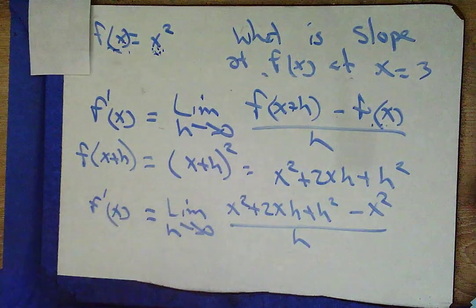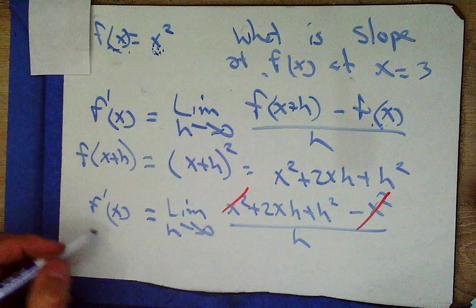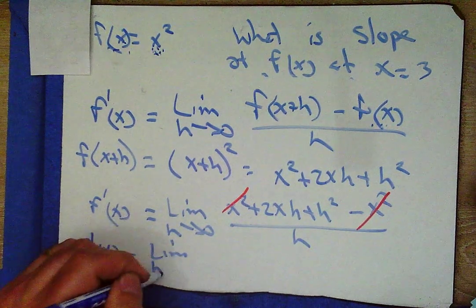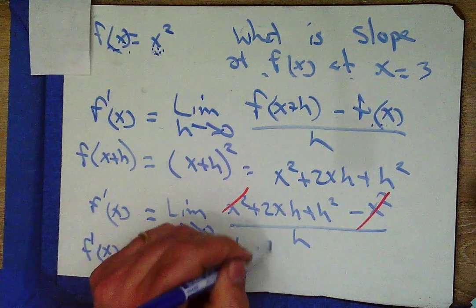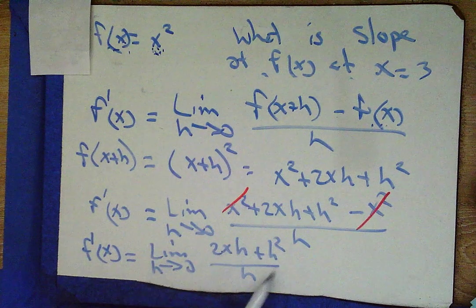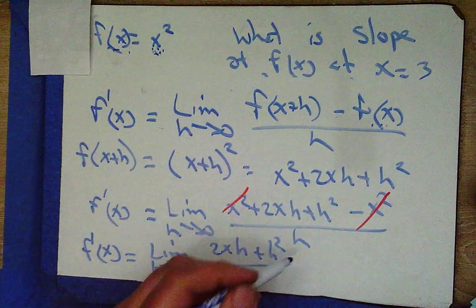Okay, so what happens here? The x squareds cancel out, and so now I have f prime of x equals the limit as h heads to 0 of 2xh plus h squared over h. And again, if I try and plug in 0 for h's, I get 0 over 0. So I think I need to do a little more.